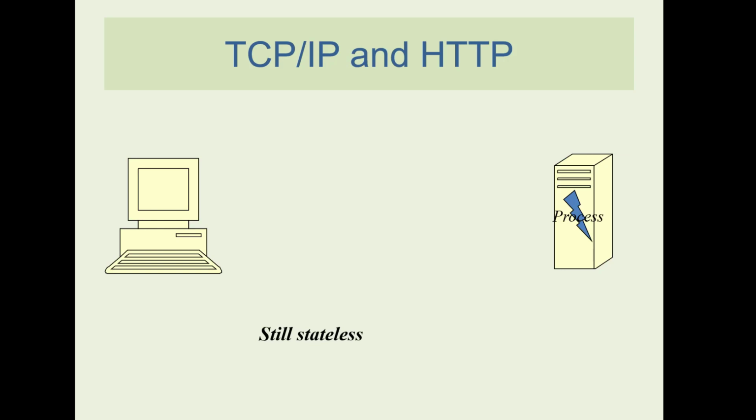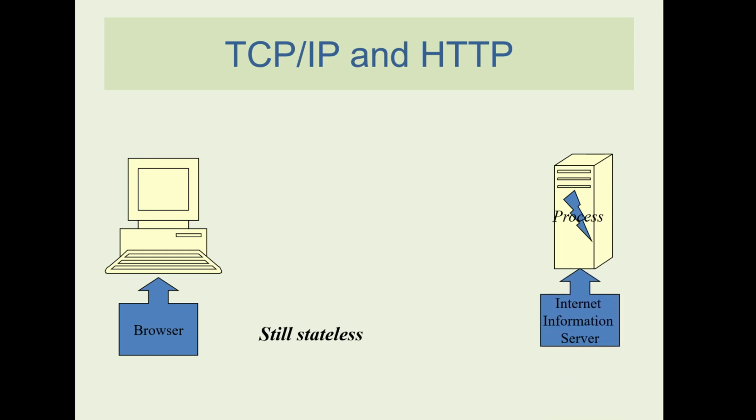Okay, let's look again at this same diagram about the client computer and the server. So we have the browser running in the client computer when we talk about web applications, and then we have some kind of an Internet Information Server, or if we are using some other technology than ASP.NET, then it might be Apache or some other technology.